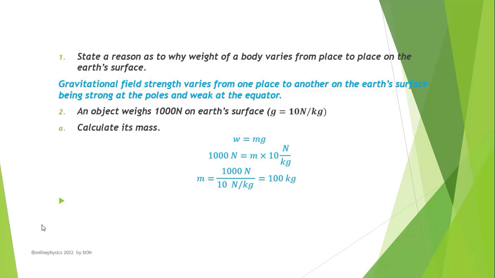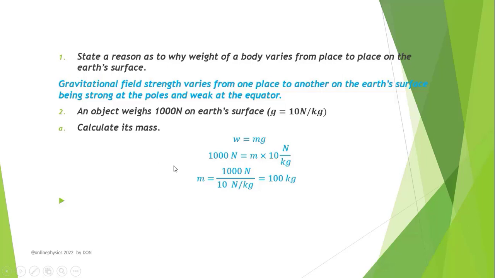Then we can also have a question under the relationship between mass and weight. An object weighs 1000 newtons on the Earth's surface, and we've been given g to be 10 newtons per kilogram. That is the acceleration due to gravity. We calculate its mass.